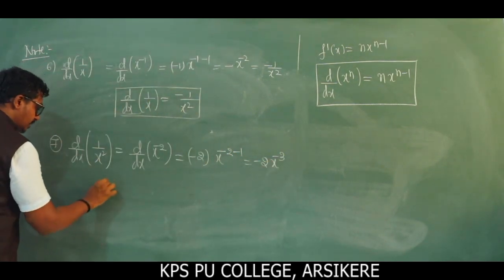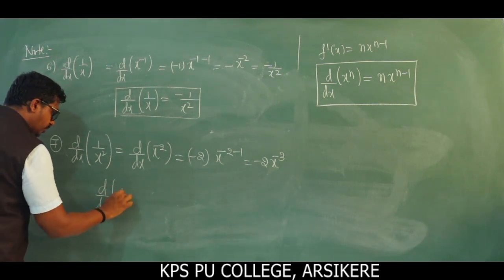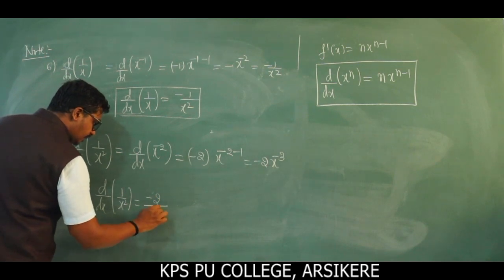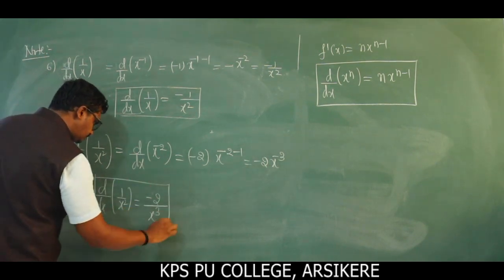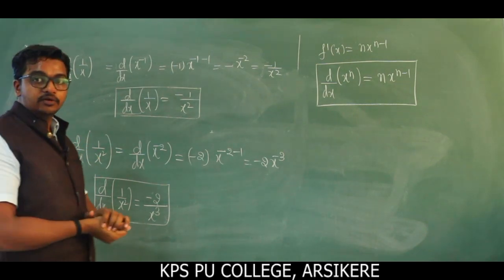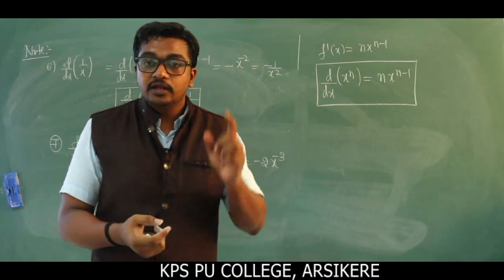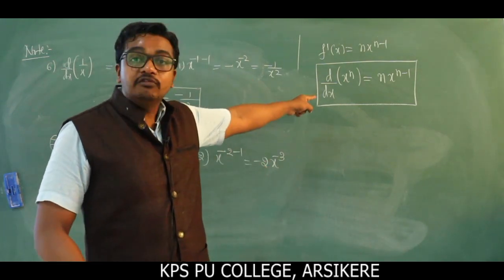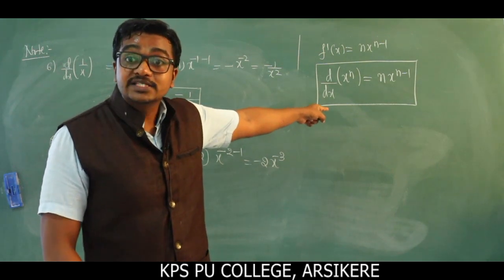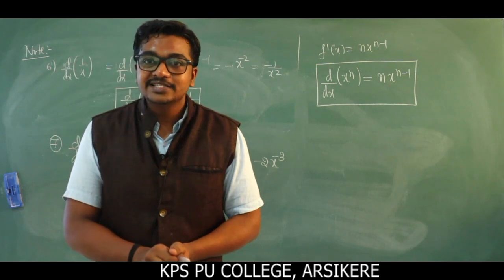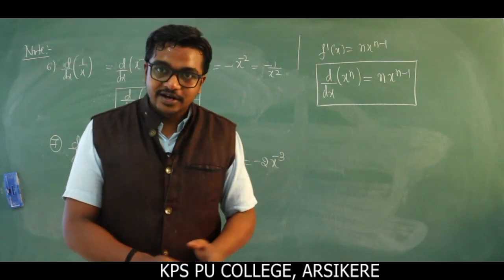So therefore differentiation of 1 by x square is equal to minus 2 divided by x cube. Understood, children? These formulas are very important. We will directly use the formulas while discussing the problems. Remember, the derivative of x power n with respect to x is n into x power n minus 1. Take a pause and note down.